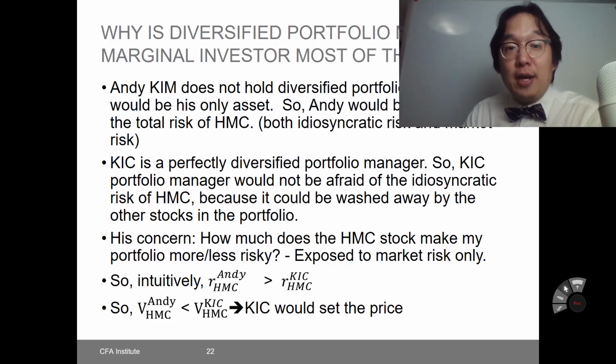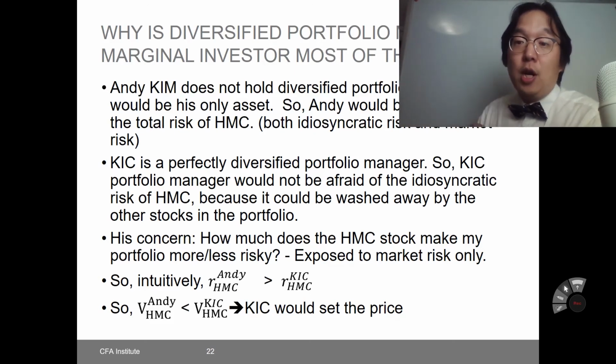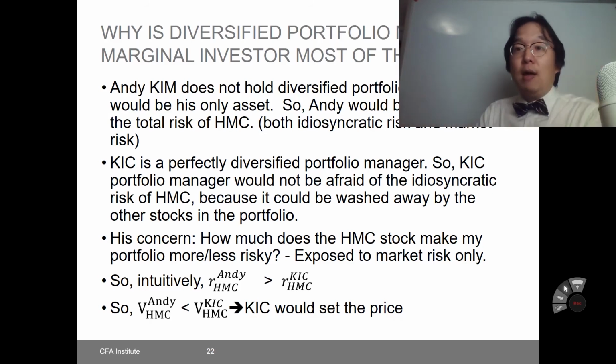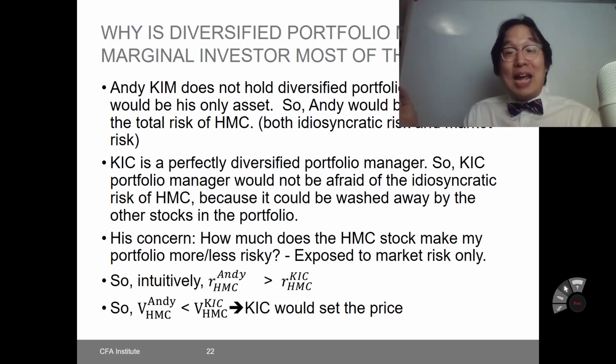KIC, on the other hand, is a perfectly diversified portfolio manager. So the KIC manager would not be afraid of the idiosyncratic risk of Hyundai Motors. If Jung Il-sung screws up the company for whatever scandalous misbehavior, I hope he doesn't, but if he does, well, I don't care because I have Volkswagen in my portfolio, he would say.